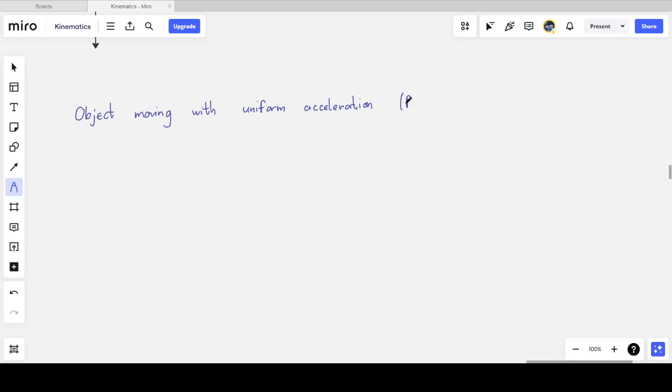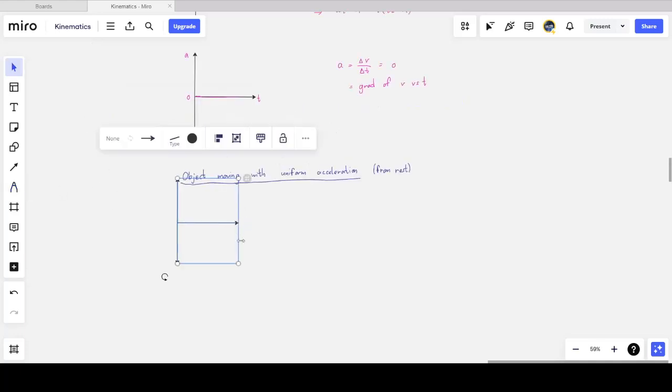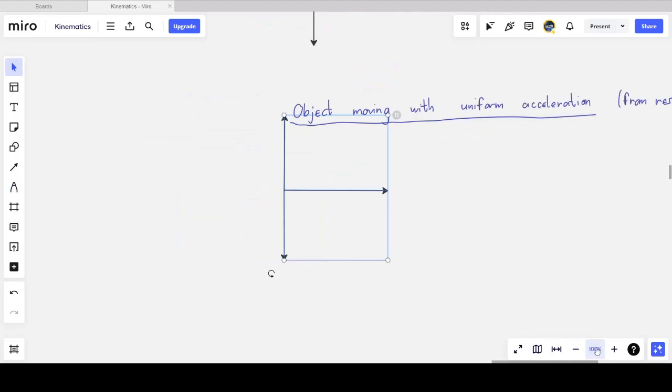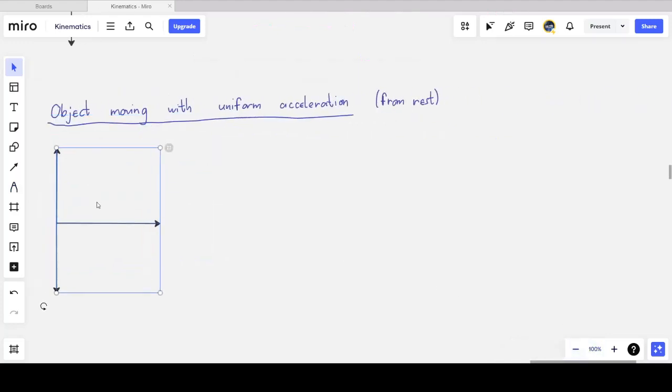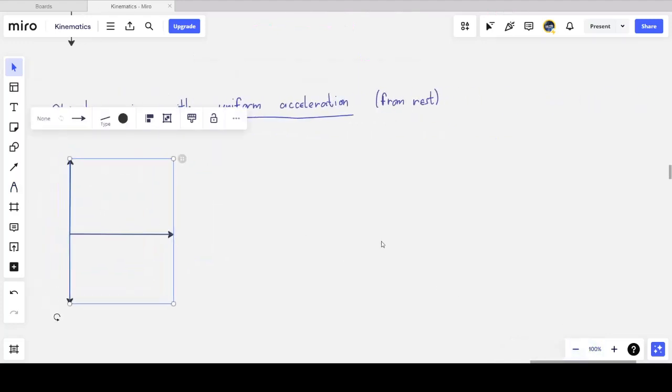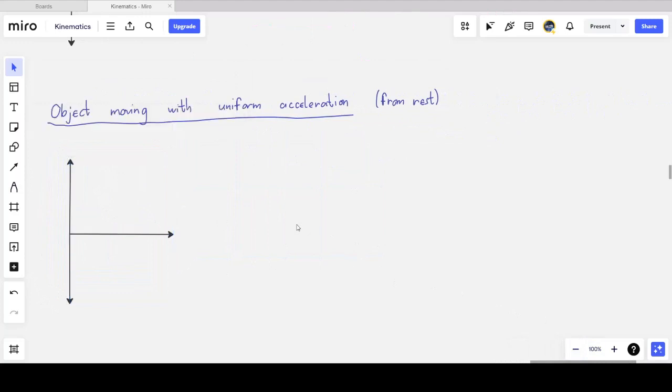I'm also going to specify that it's moving from rest, just to simplify the matter even further. It's an object that starts at rest, starts stationary, and then starts accelerating uniformly, meaning its acceleration is constant. So first we had displacement constant, then velocity constant, now we have acceleration constant, uniform.